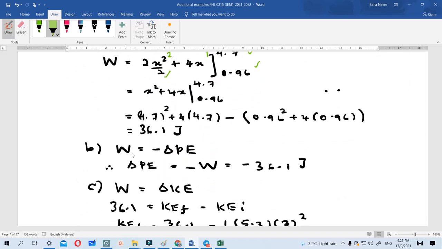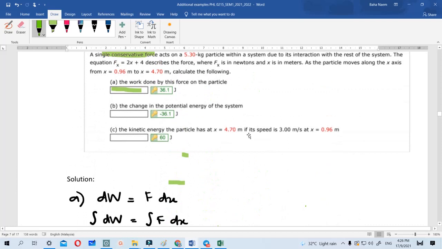No argument for this case. So the negative change of potential, or perhaps similar to your textbook, the expression is negative change in U. Alright, how about C? The kinetic energy of the particle at x if the speed is 3 at 0.9 seconds. Okay, let's just rephrase this.